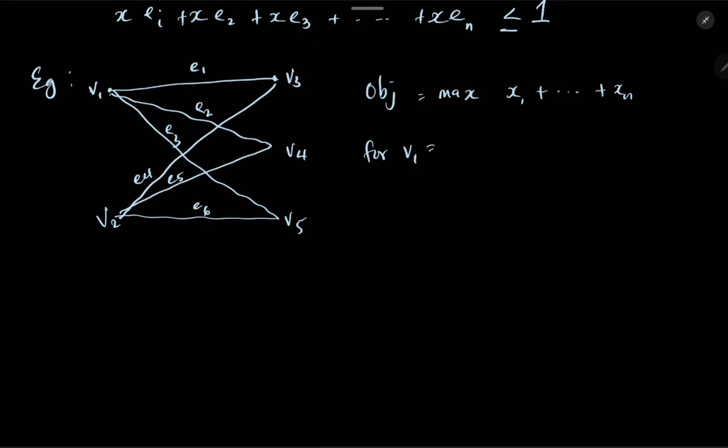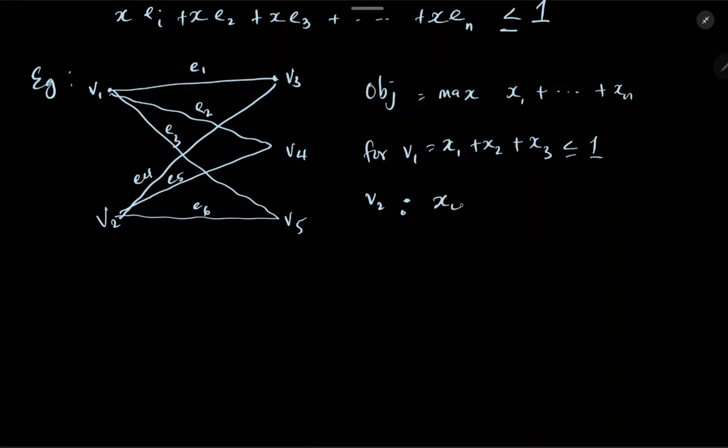So that means that for vertex 1, we can see that vertex 1 is connected to edge 1, H2, and H3. So this would be represented as X1 plus X2 plus X3 less than or equals 1. Vertex 2 would be expressed as, this is vertex 2 connected to x4, x5, x6.